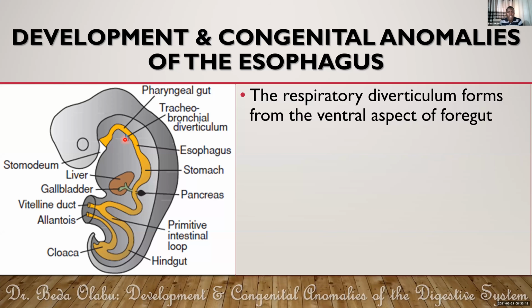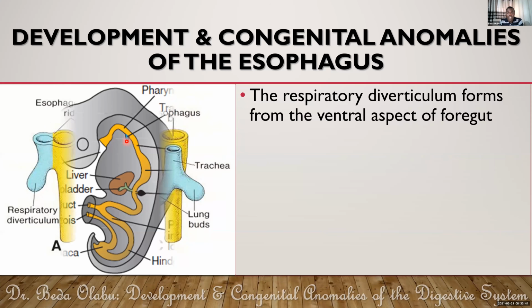But something forms in the ventral aspect of the foregut as an outgrowth. It marks the formation of the lower respiratory tree, the tracheobronchial tree. So we call it the respiratory diverticulum.